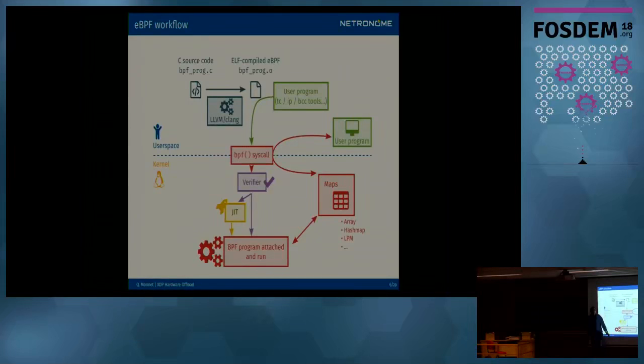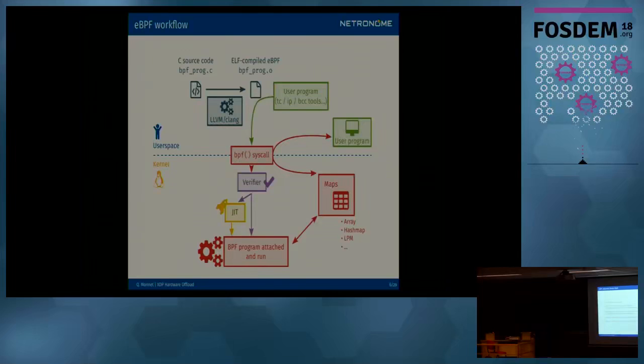And once it's loaded, I can attach it to TC, in this example, by using another call to the BPF syscall. And I can interact with maps, possibly from user space, if my program uses maps, again with that BPF syscall. And so that's the basics for BPF with TC.